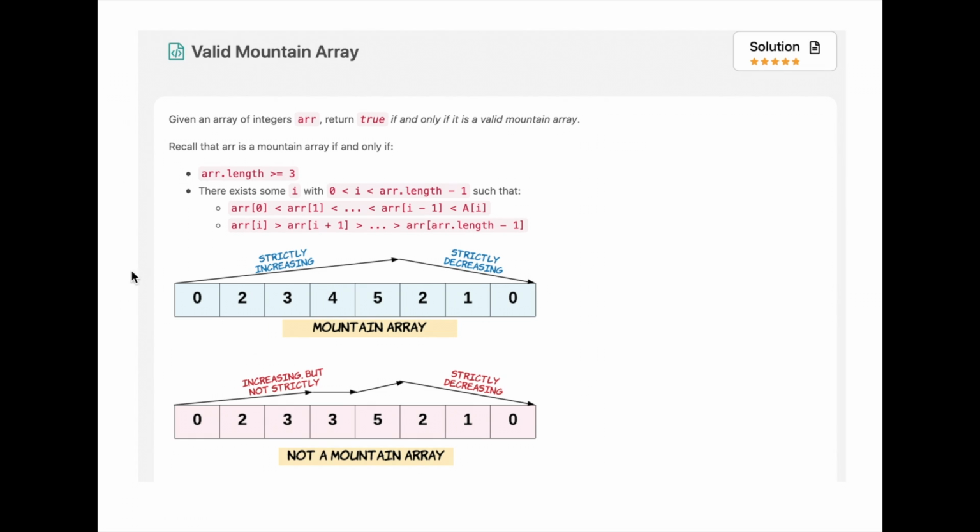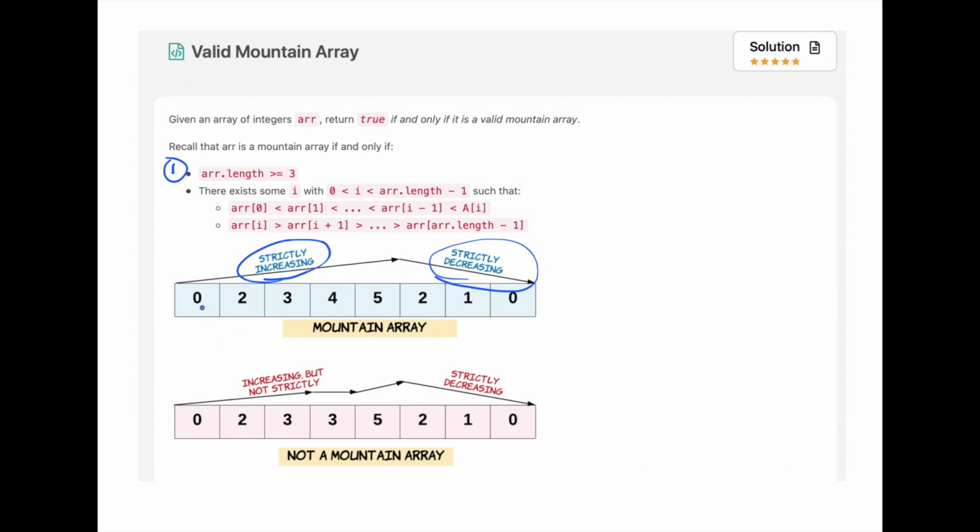In order to check if an array is a mountain, first we can check to see if the array length is at least 3. Then we can make sure that there's an ascent and a descent. The easiest way to check that is by taking the diff of every consecutive value in this array.